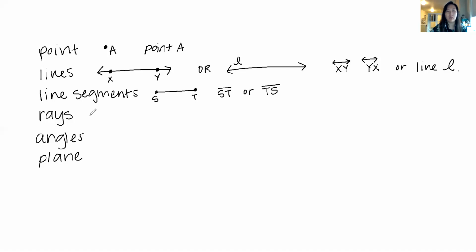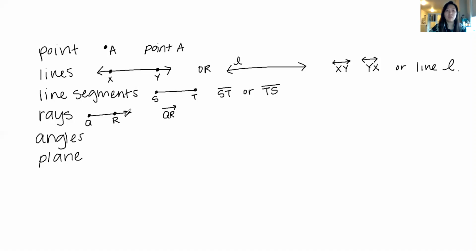Next one we have is a ray. Remember, a ray has one endpoint and the other end goes on infinitely. Now it would go infinitely through some other point, and let's call this one QR. So we've got a ray that's now going to be labeled as QR with one arrow on that side.